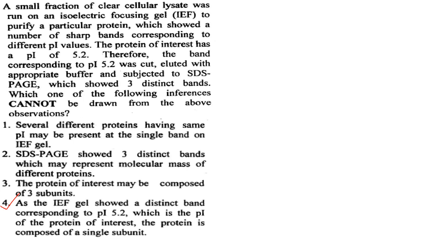There are several proteins of pI 5.2 which will show the band at pI 5.2 in the IEF gel. You cannot definitely say the protein is composed of a single subunit, since you got 3 distinct bands on an SDS-PAGE gel. So the answer is option 4.